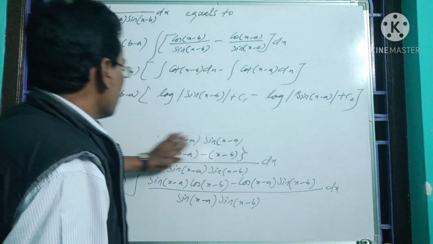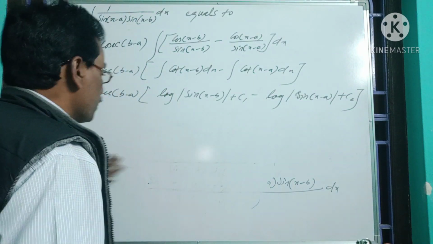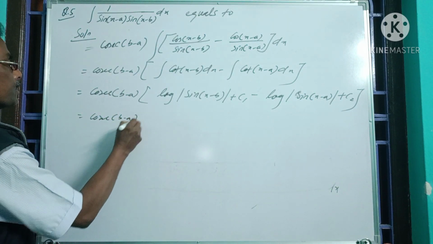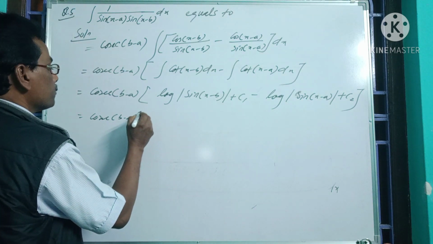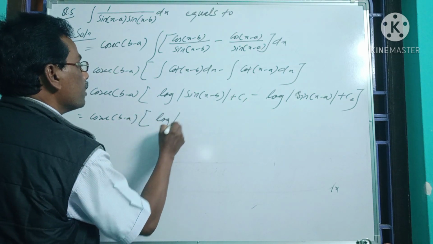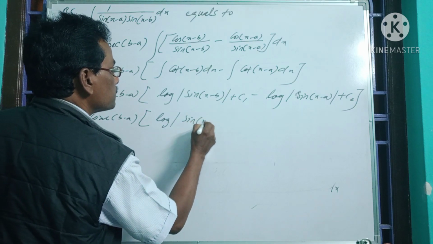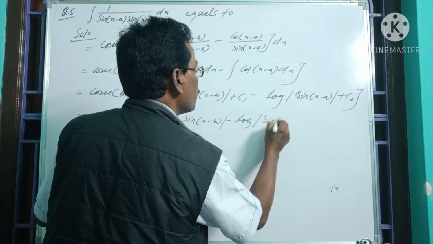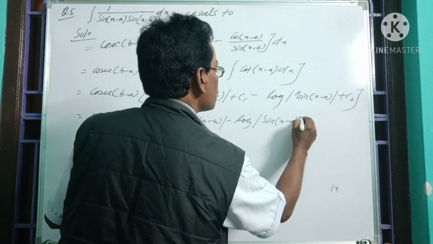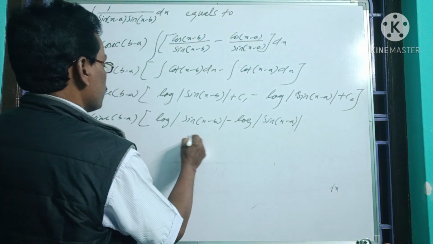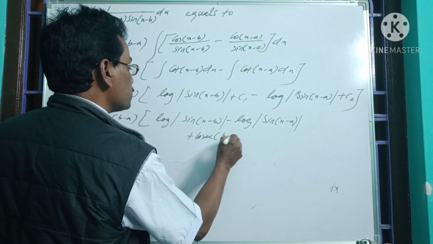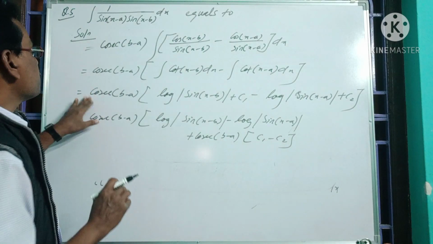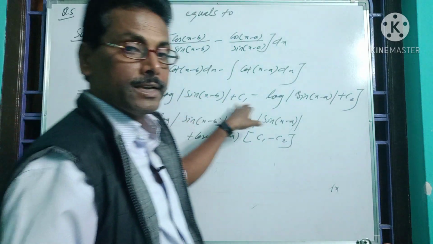Now simplifying we have cosec(b minus a) into log of mod sin(x minus b) minus log of mod sin(x minus a) plus cosec(b minus a) into the constant c1 minus c2, because the cosec(b minus a) can also be multiplied with c1 and c2.